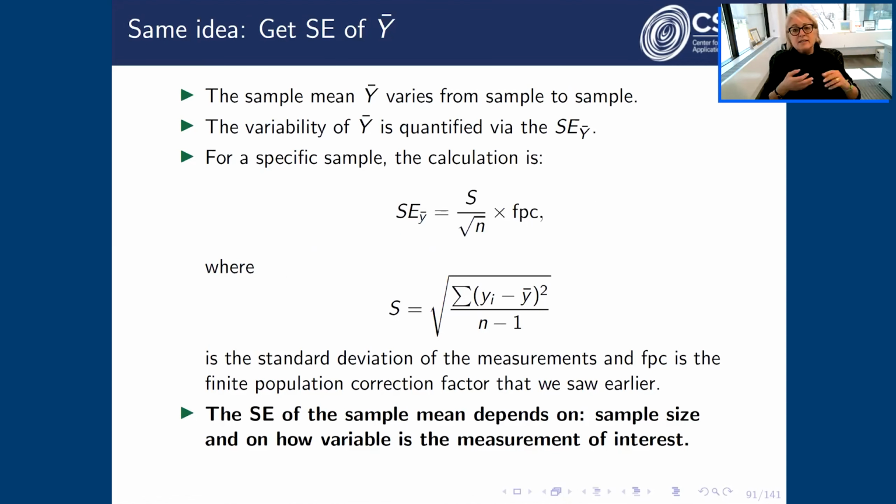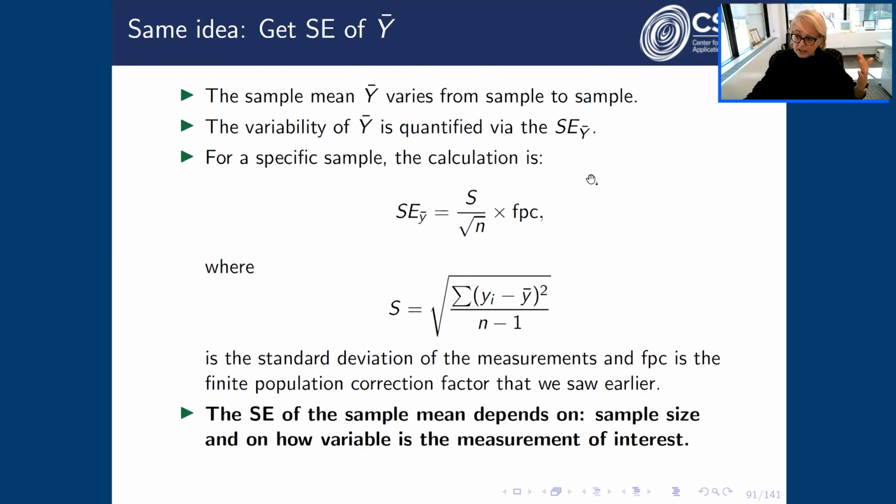Again, there's variability because the sample mean y bar varies from sample to sample. If I were to take different samples from the population, I would get different values of y bar. And again, we're going to quantify the variability of y bar using the standard error of y bar.